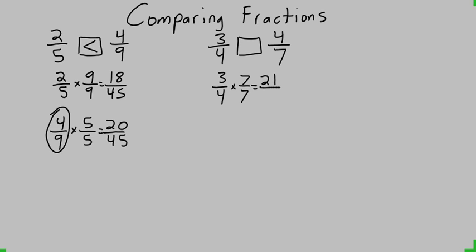And I end up getting 21 28ths. And I end up with 4/7. And I look at the other denominator, which is 4. So I'm going to multiply by 4 over 4, which ends up giving me 16 28ths. 21 is greater than 16, so 3/4 is greater. So that one is greatest.